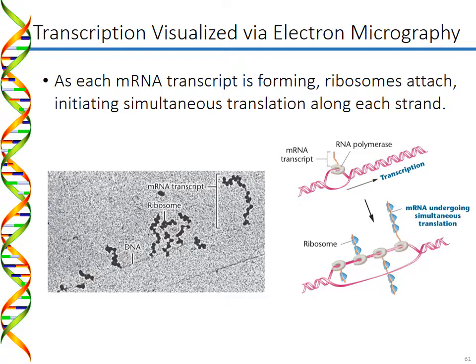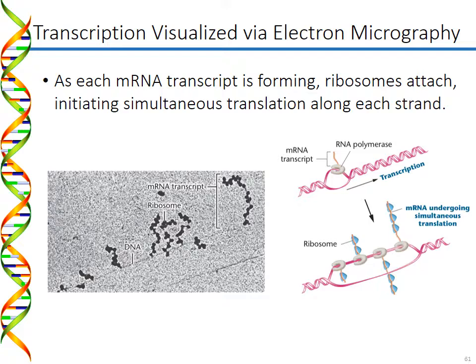So you can see in the electron micrograph here, we have the DNA strand annotated. The mRNA is being produced by the RNA polymerase, which we can't exactly see. They are small, as is the mRNA strand, since it is just a single strand of nucleic acid. It's certainly harder to see than the DNA strand. But what we can see are the ribosomes, because they are much larger.